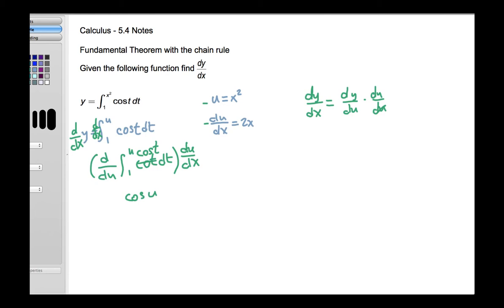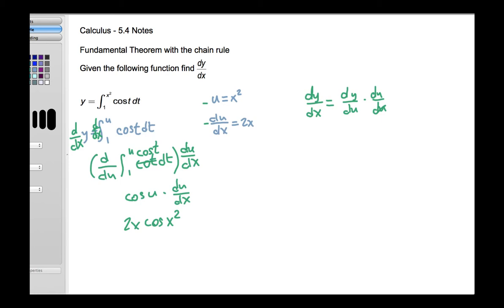I'm really going to have cosine u times du dx. Well, what was my u? My u is x squared. What's my du dx? 2x. So I end up with 2x cosine x squared. So it really is practice of doing a substitution and then chaining out what you get with your derivative inside there.